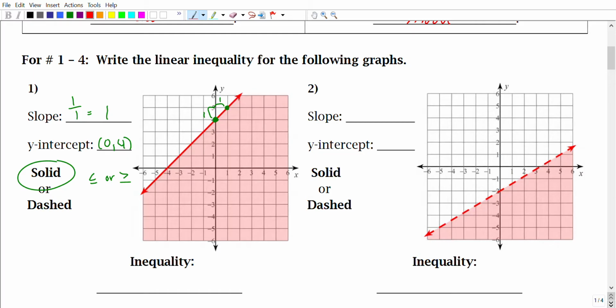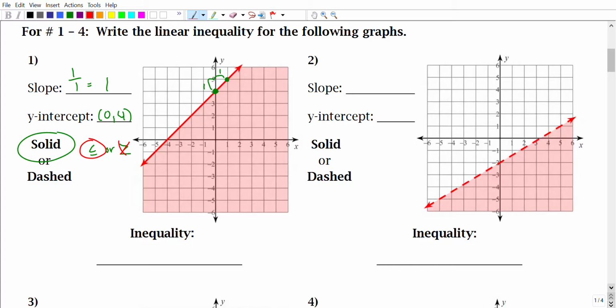Well, we're shading below, and we said above that for shading below, we have to use less than. So that's the symbol we're going to use. This one's out. Let's go ahead and write our inequality. So we're going to have y is less than or equal to, again, our slope is 1, so I'm going to write 1x plus my y-intercept, which is 4.